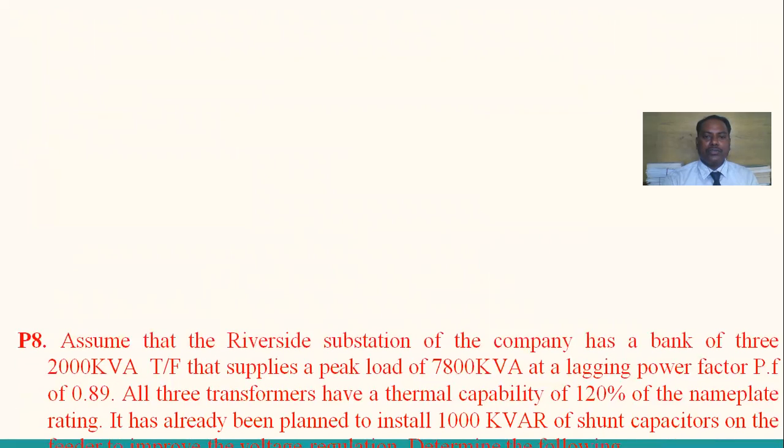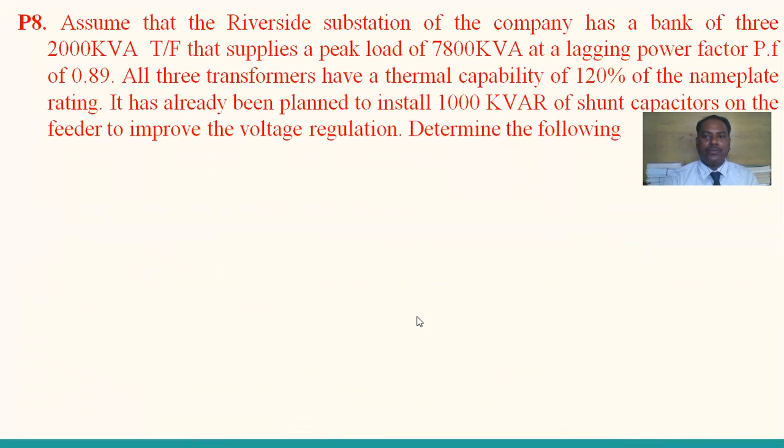And the last problem of this unit, shall we move to the last problem. Assume that the Riverside substation of the company has a bank of three 2000 kVA transformers that supplies a peak load of 7800 kVA at a lagging power factor of 0.89.